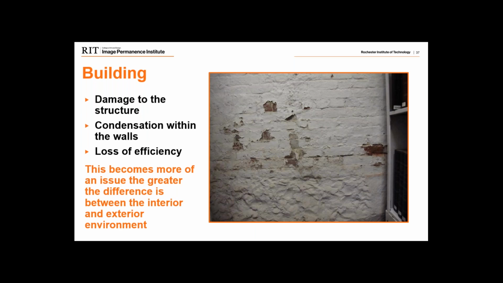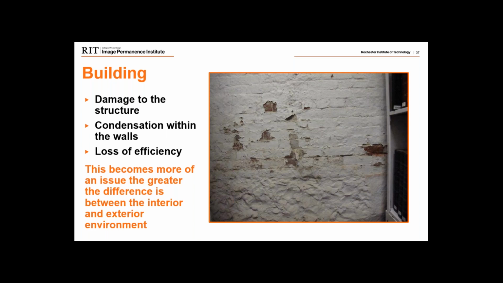So the issue we run into without having a vapor barrier is essentially that we're creating a moisture gradient. We're creating a difference between what's outside the structure and inside the structure, and that's causing the moisture to move from one area to the next. It's going to move in the direction of the lower humidity and try to reach that equilibrium.